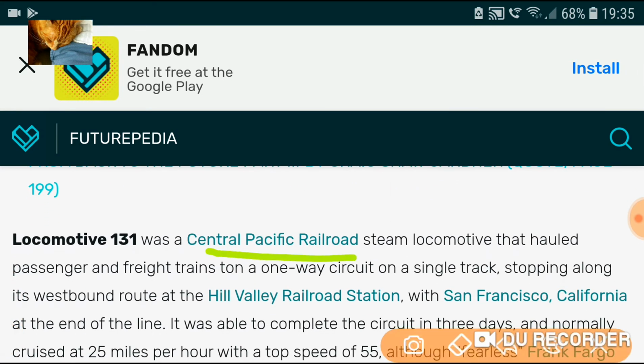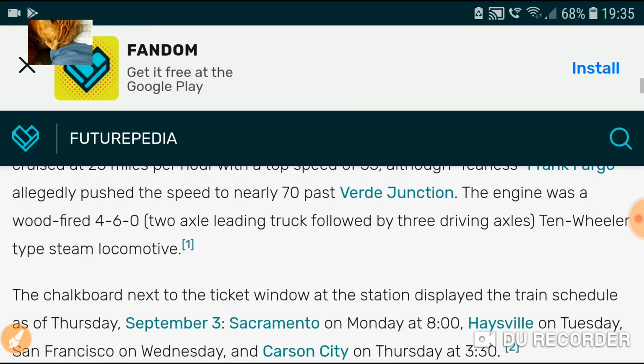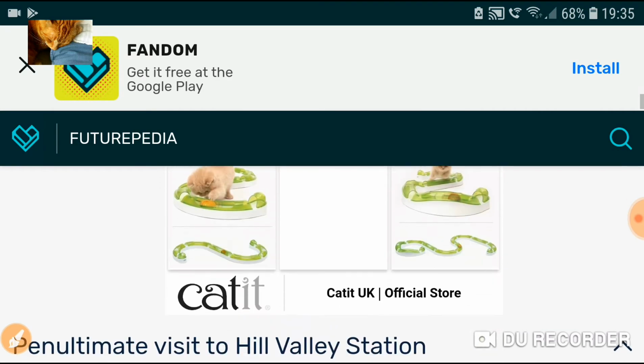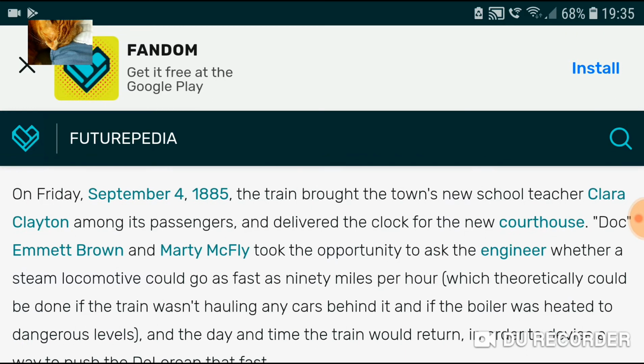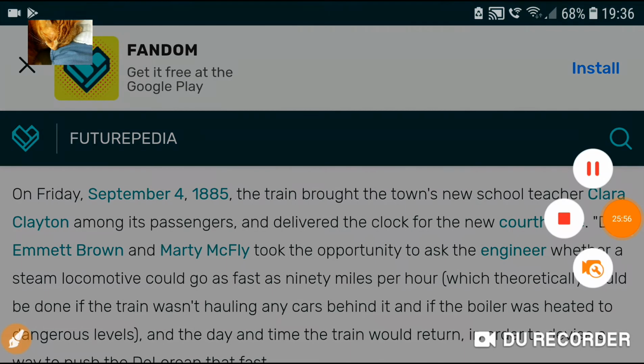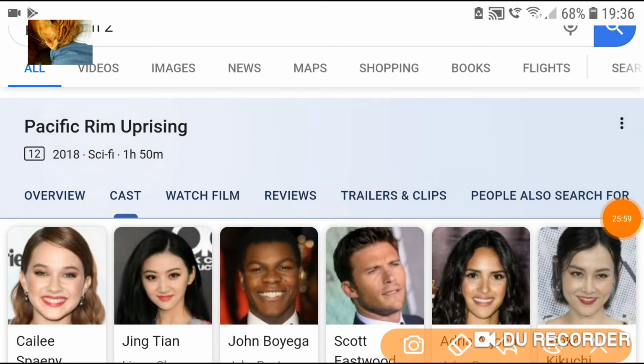Pacific Uprising. John Boyega. Marty McFly, just to show that that story is about Back to the Future, of course. So Pacific linking in with Back to the Future as well, the 3 for the train, John Boyega.